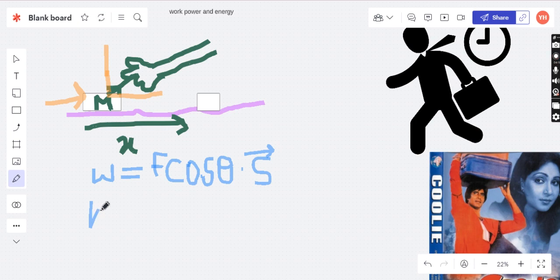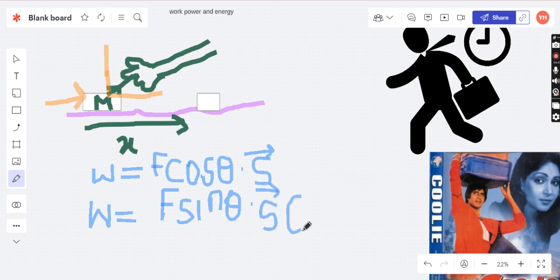But for a while, consider the y direction component. I can say that it is F sine theta, dot displacement, and then cos theta, because the formula has cos theta.